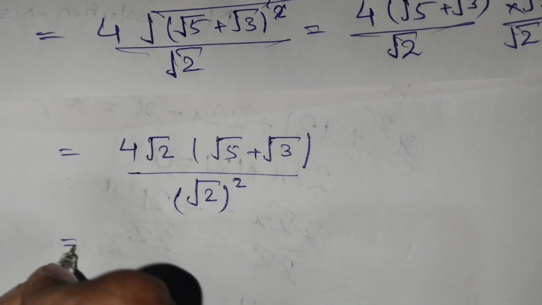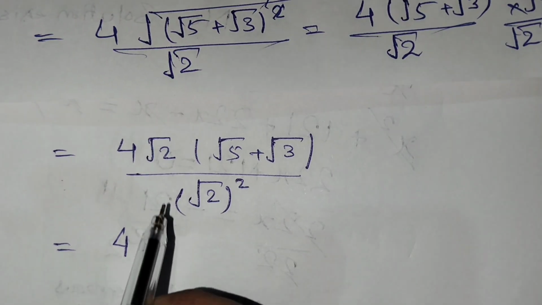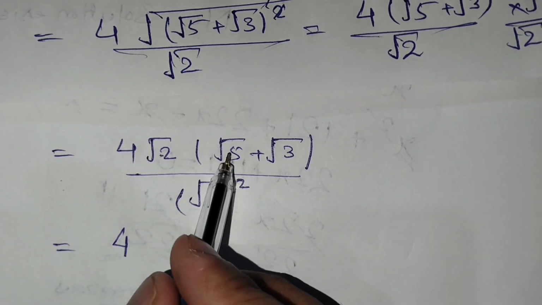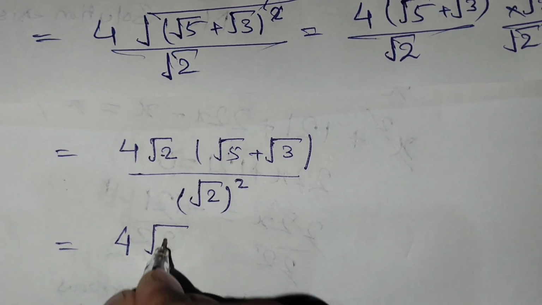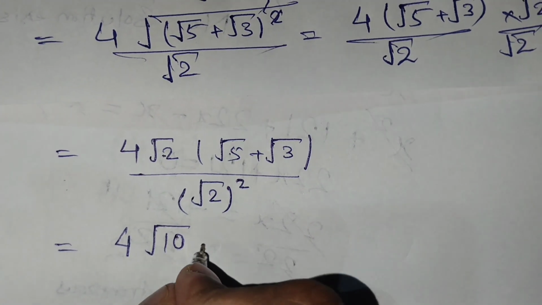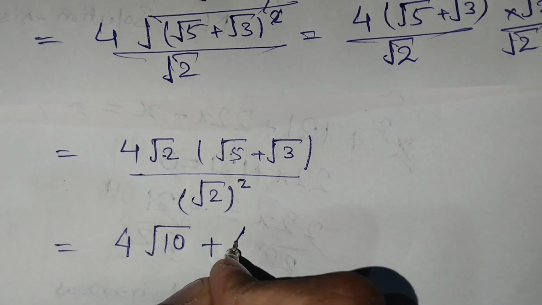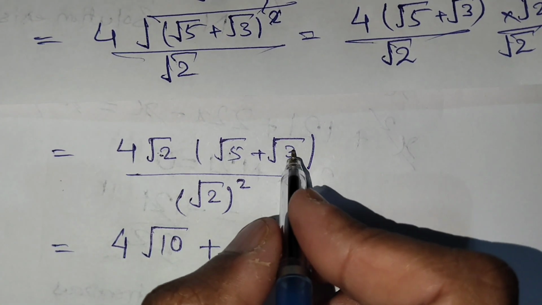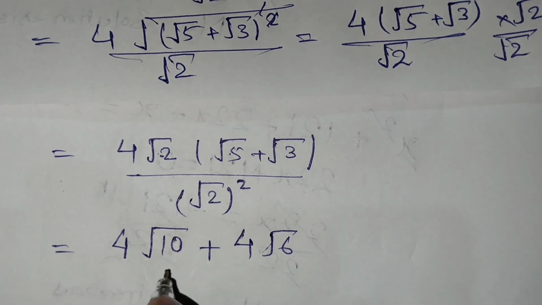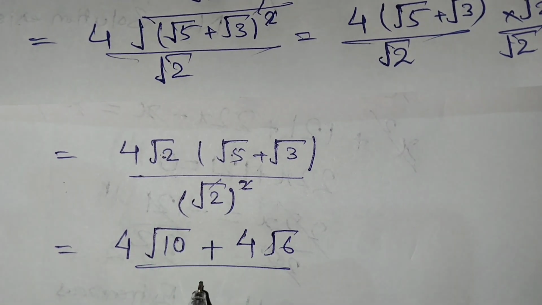And this will be equal to 4 times square root 2 times square root 5 is root 10, plus 4 times square root 2 times square root 3 is square root 6, divided by 2.